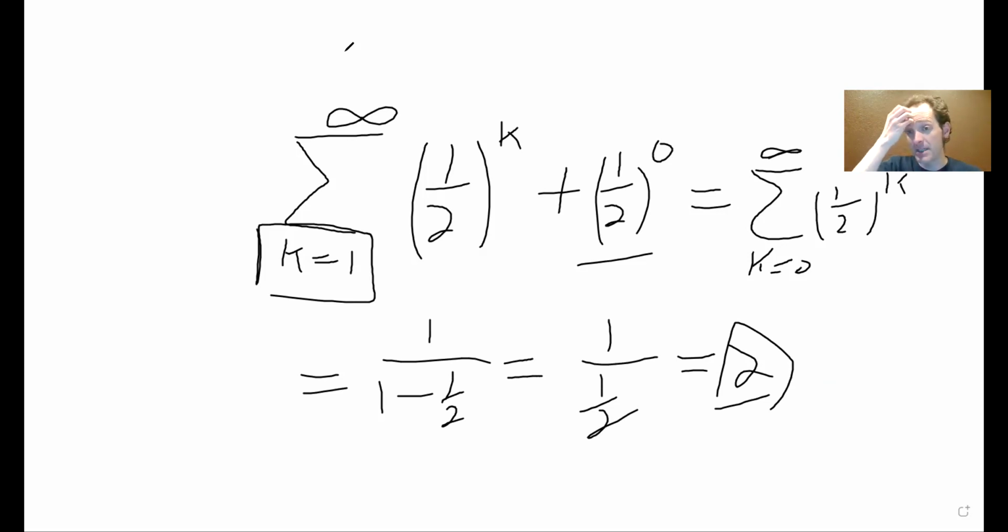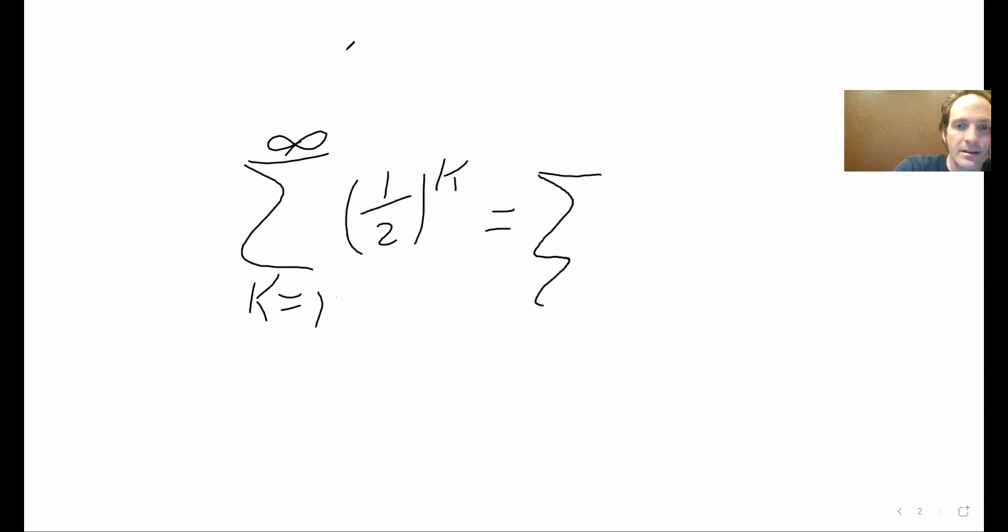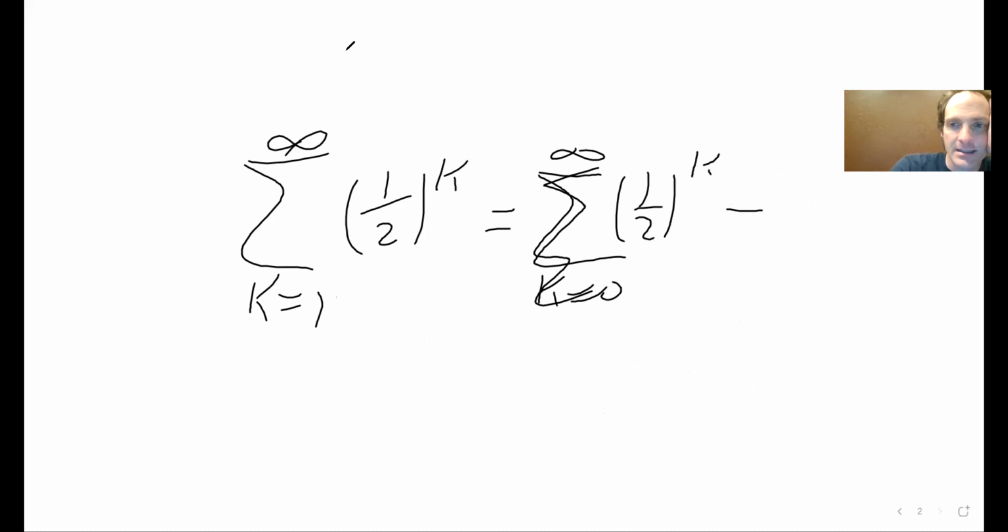The other thing that I want to mention here, I could also have written this as the sum from 1 to infinity of 1/2 to the k is equal to the sum from 0 to infinity of 1/2 to the k minus the sum from 0 to 0 of 1/2 to the k.